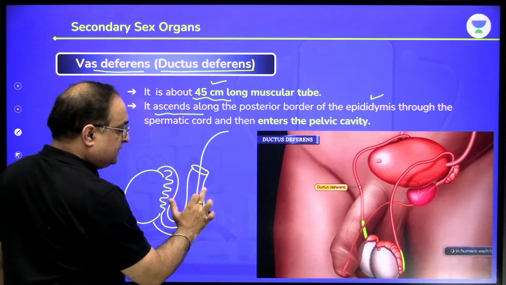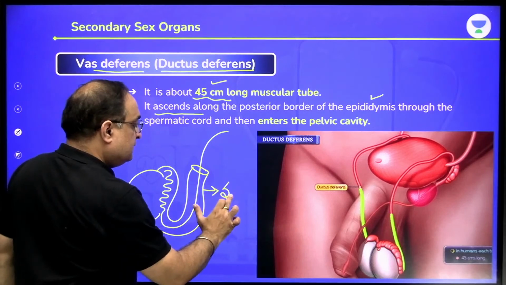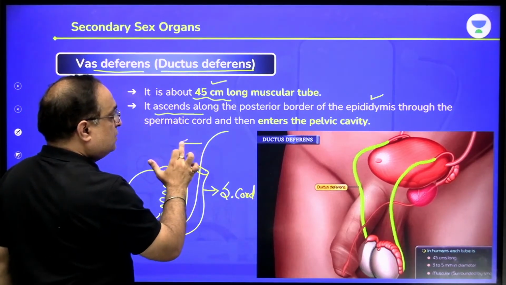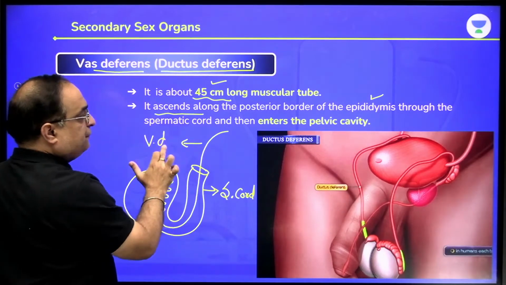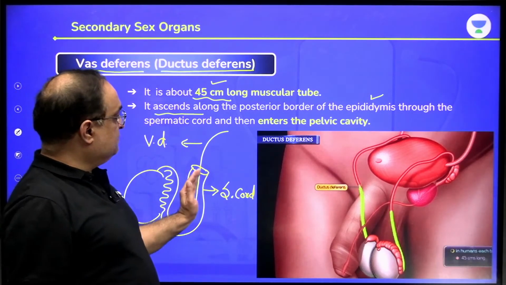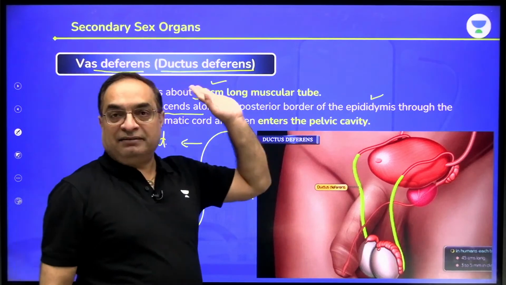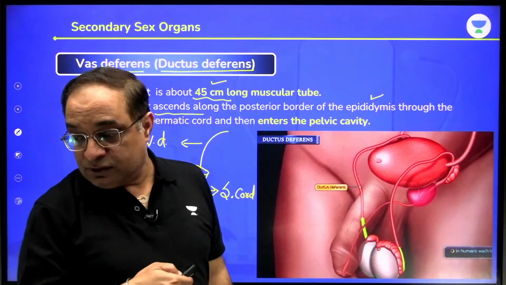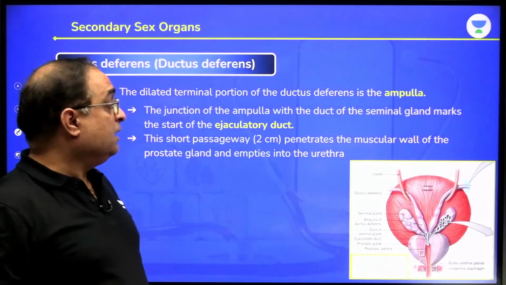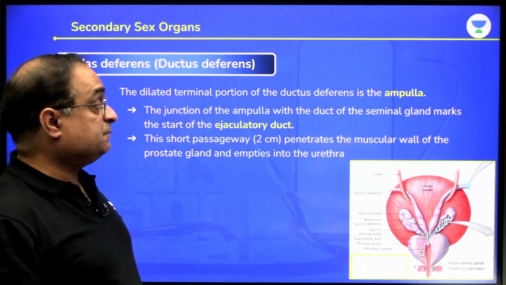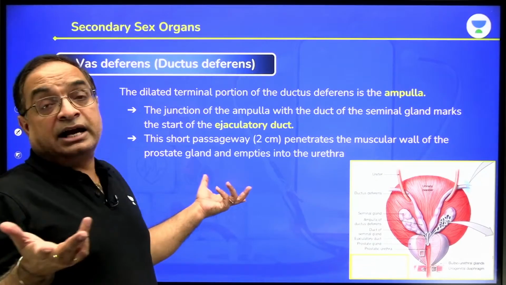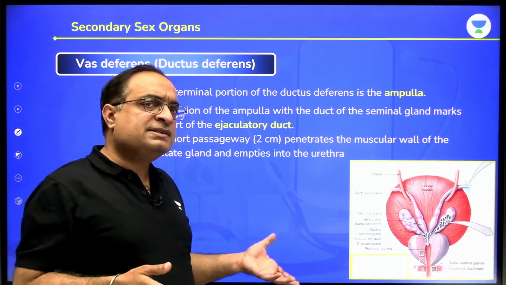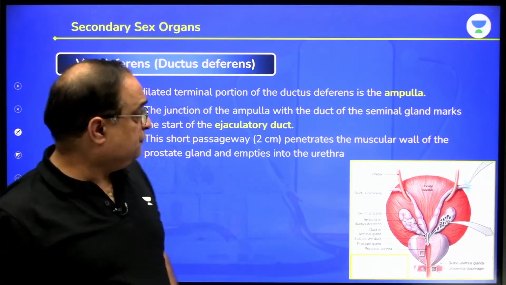So this structure is spermatic cord and this structure is VD, vas deferens, and vas deferens is moving up and it enters the pelvic cavity. Is that clear? Vas deferens also stores millions of sperms. That's why we say it is the secondary storehouse for the sperms. Primary storehouse is epididymis, secondary storehouse is vas deferens.